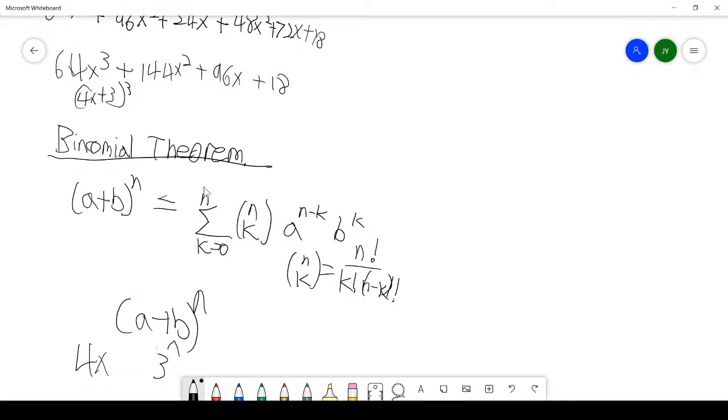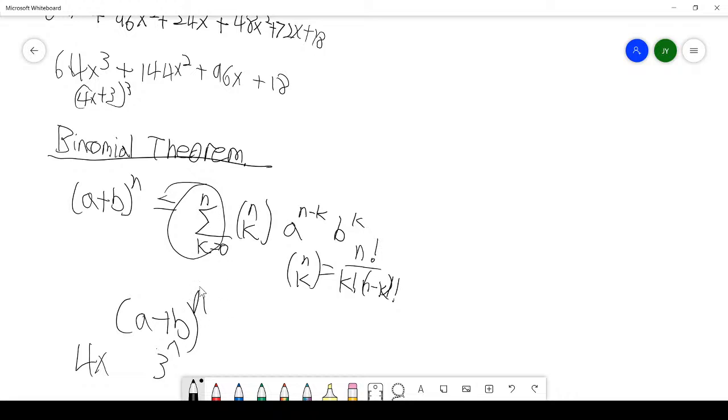Now, let's go over this again. This is a series. To be exact, the starting point is k in the equation. It plugs in k as 0 and increases k by 1 until it reaches n.